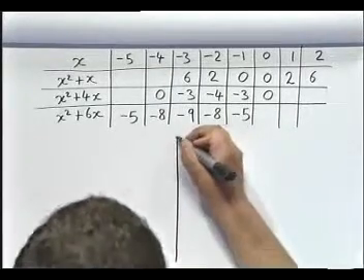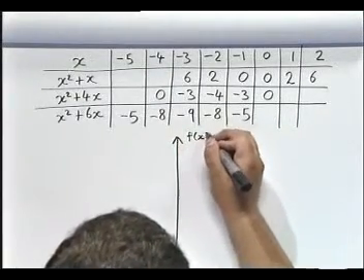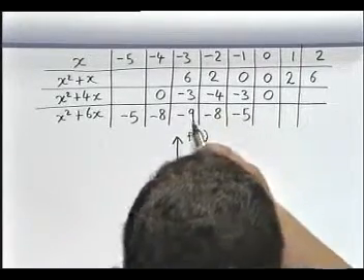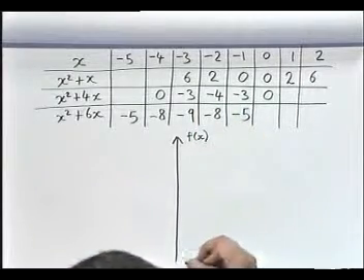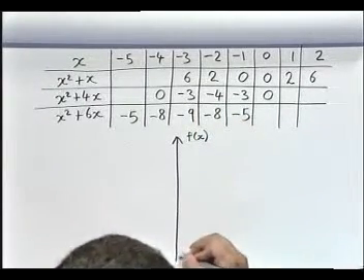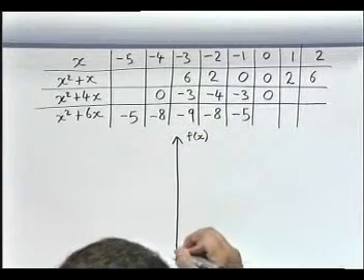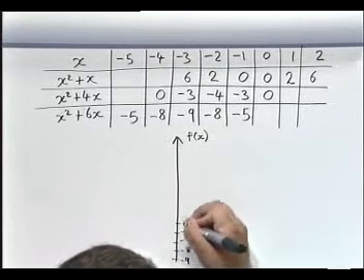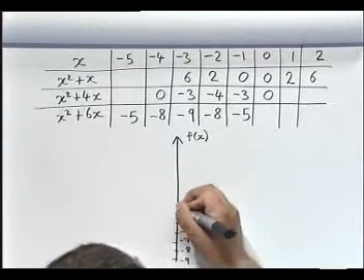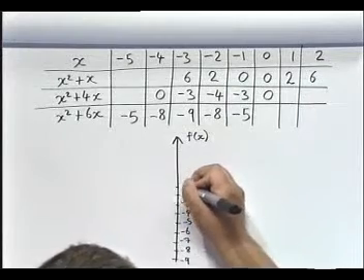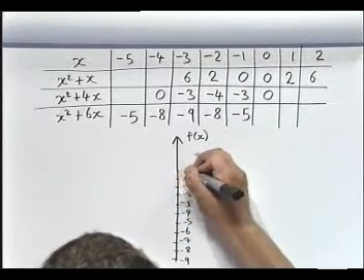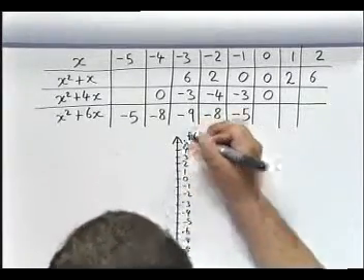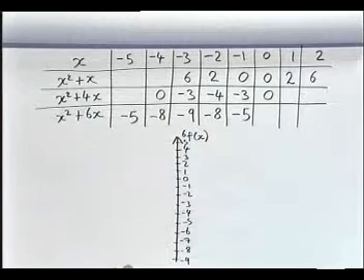So on a vertical scale, we'll need f of x. And that's going to take us from our lowest value, minus 9, up to 6. So if we do minus 9, minus 8, minus 7, minus 6, minus 5, minus 4, minus 3, minus 2, minus 1, 0, 1, 2, 3, 4, 5, and we can just about squeeze 6 in at the top.